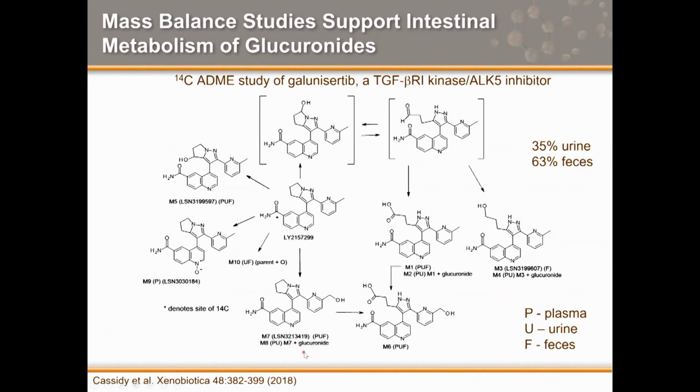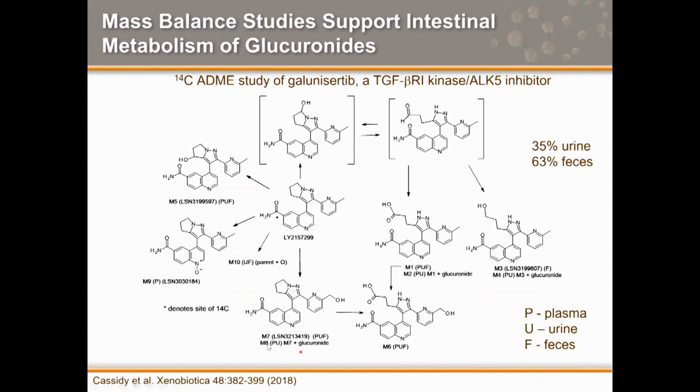This suggests that the M7 glucuronide formed in the intestine was hydrolyzed back to M7, and what you find coming out in the feces is only the hydrolyzed metabolite M7.